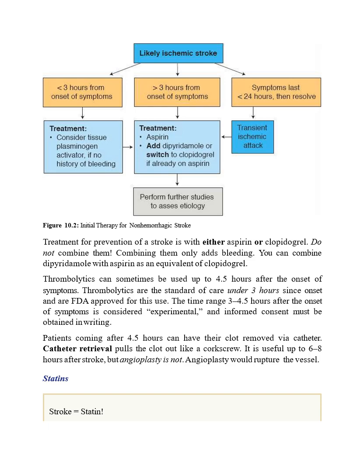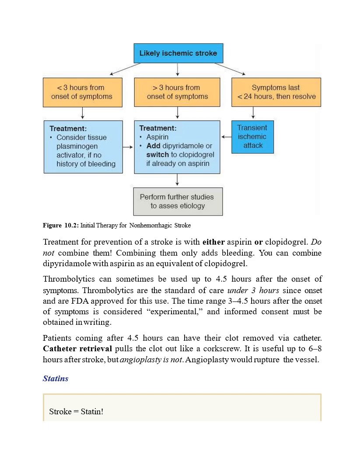Here we have an algorithm for how to handle likely ischemic stroke on figure 10/2. If it is less than 3 hours from the onset of symptoms, look at the left side of the algorithm.